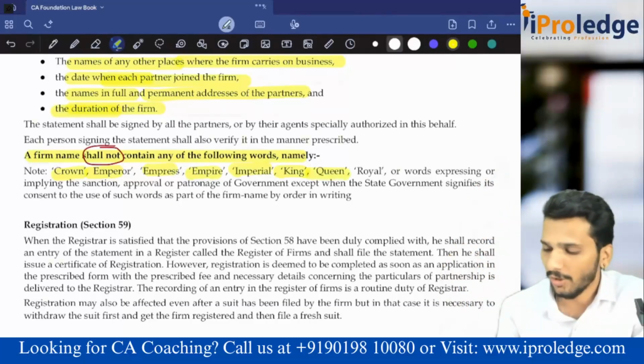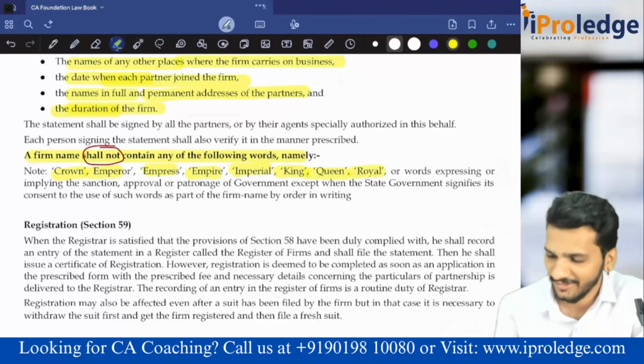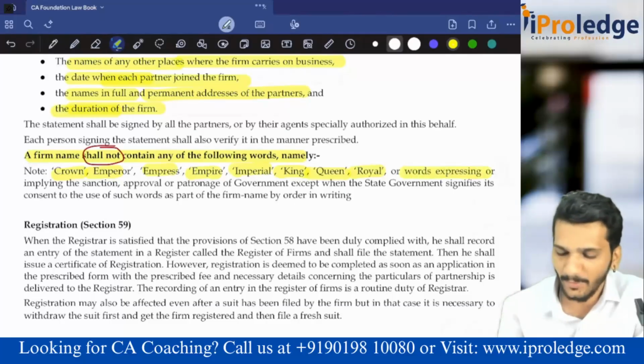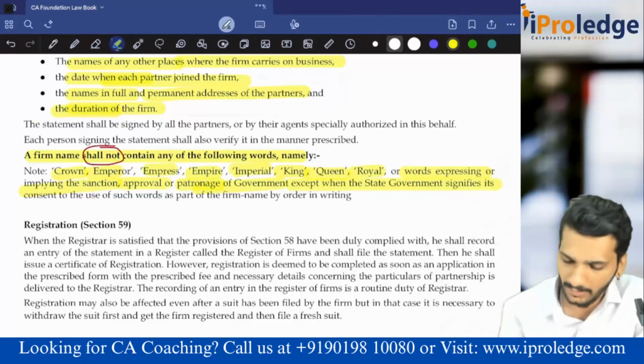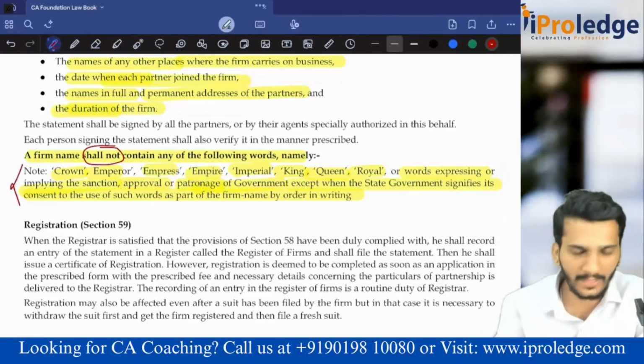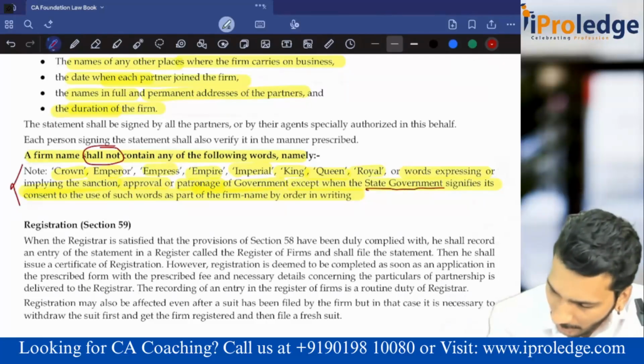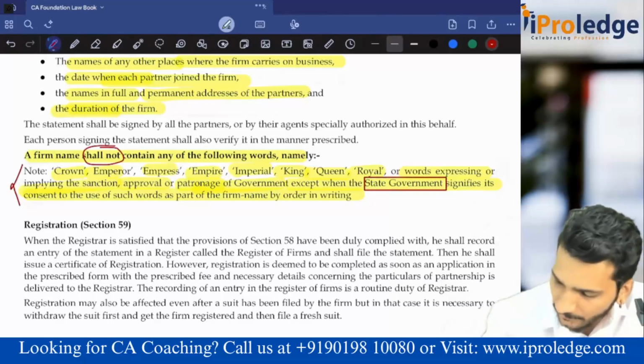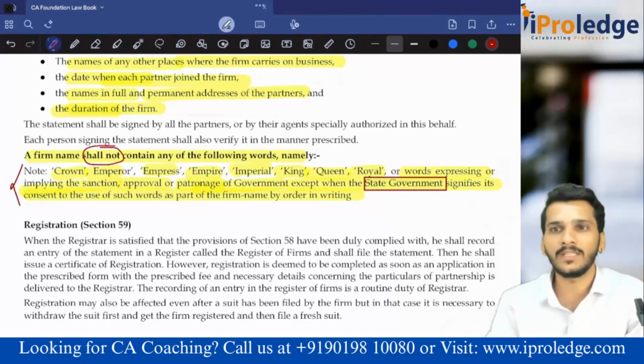King, queen, royal. These are words expressing or implying the sanction, approval or patronage of the government, except when approved by the state government with consent to use such words. If you want to use any of these words, first of all, it is not allowed. If you specifically want to use them, go to the state government and ask for permission. If permission is given, then you can do it.